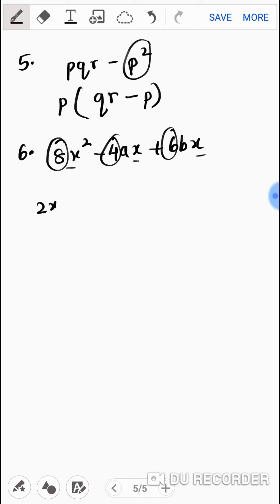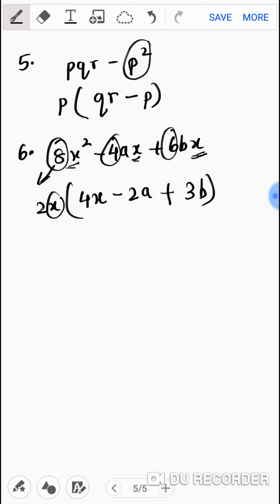So I'll take 2x common, and inside will be 4x minus 2a plus 3b. I have taken 2 common, so 2 4s are 8, 2 2s are 4, and 2 3s are 6. So that's your answer.